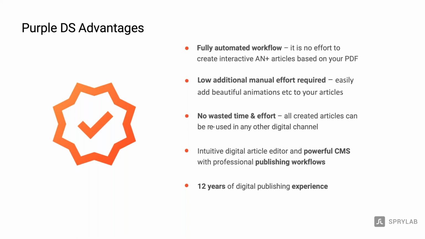So you have really a low manual effort to do amazing magazines and nice articles. And as mentioned a few times now, you can reuse everything in all your other publishing channels. Okay, so maybe that's a little bit of an overview of our system.